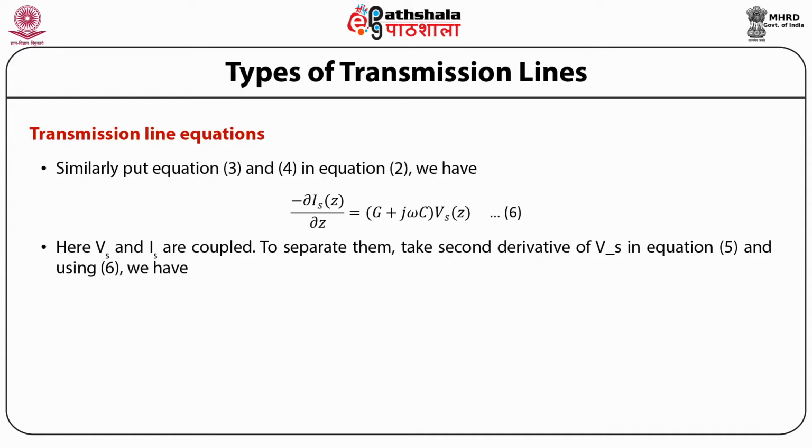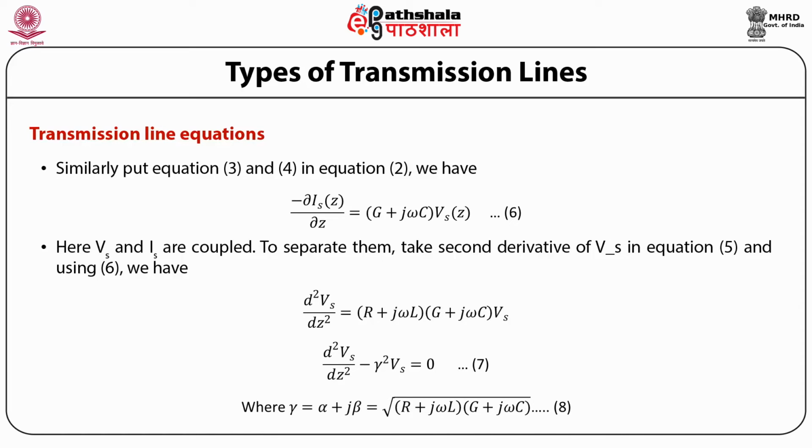So in order to separate them, we take the second derivative of Vs in equations 5 and 6 and we get d²Vs/dz² equal to (r plus jωL) multiplied by (g plus jωc) Vs, or d²Vs/dz² minus γ²Vs equal to 0, where γ is α plus jβ equal to the root of (r plus jωL) multiplied by (g plus jωc).